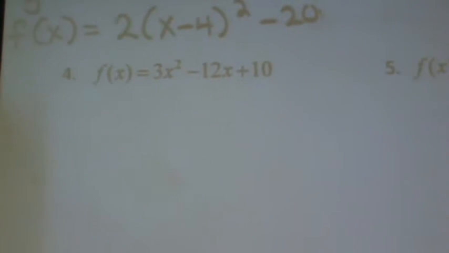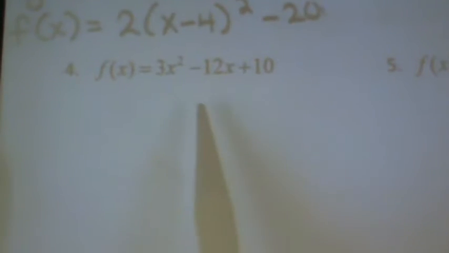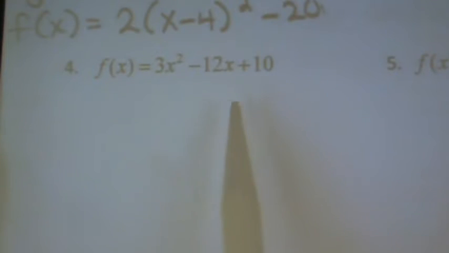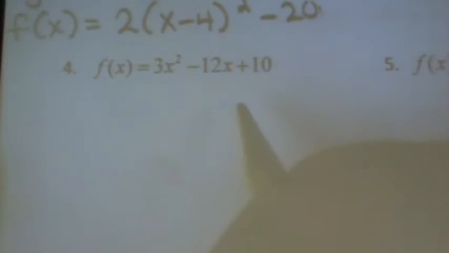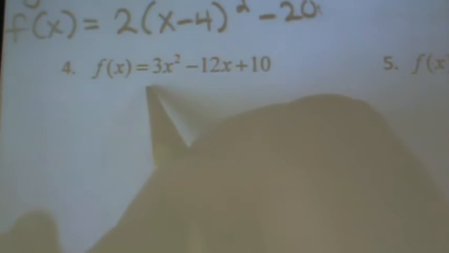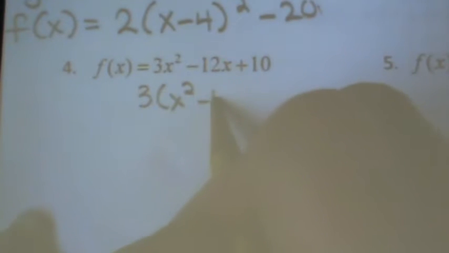Okay, these 3 down below are in polynomial form, and your job is to turn them into transformation form, which is vertex form. So I'm going to complete the square. You slide 10 over and factor a 3 out of these two. So you get x squared minus 4x.